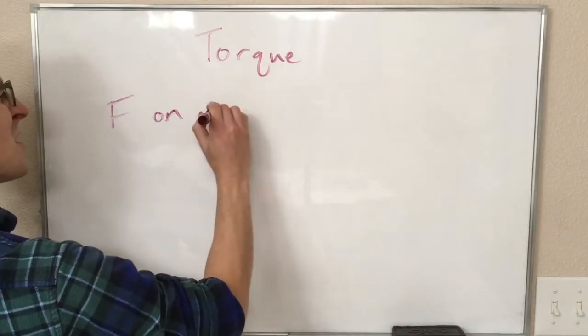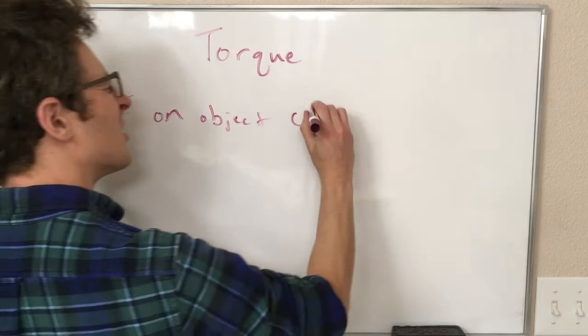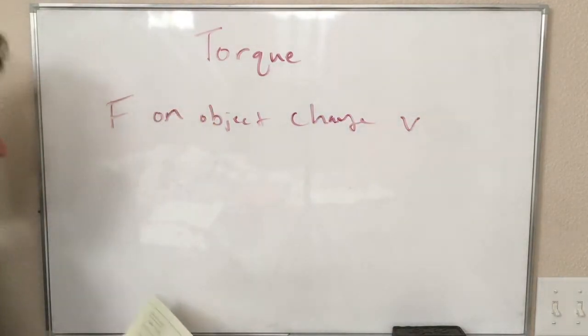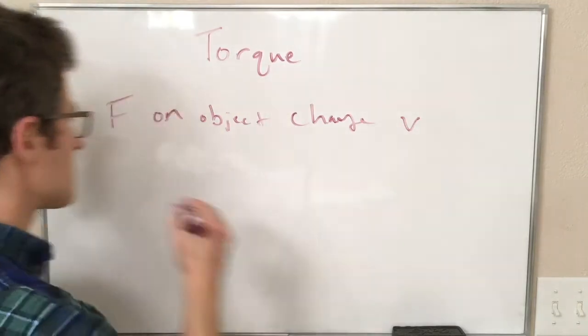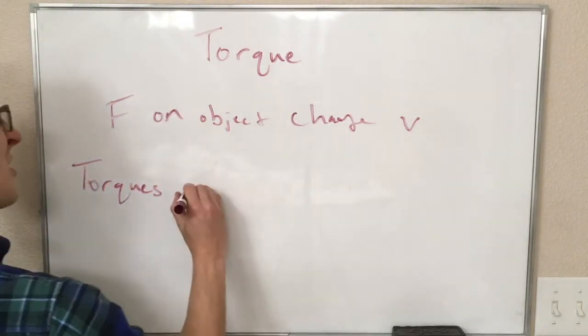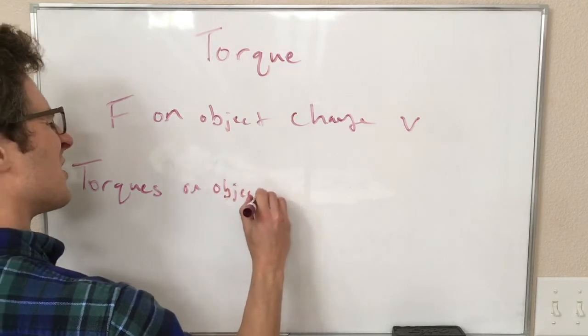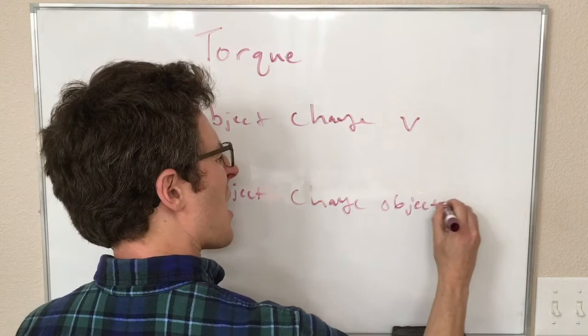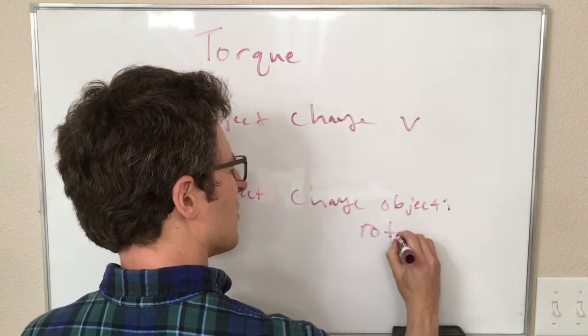Forces on an object change that object's velocity v. Torques on an object, one or more torques, change that object's rotation.